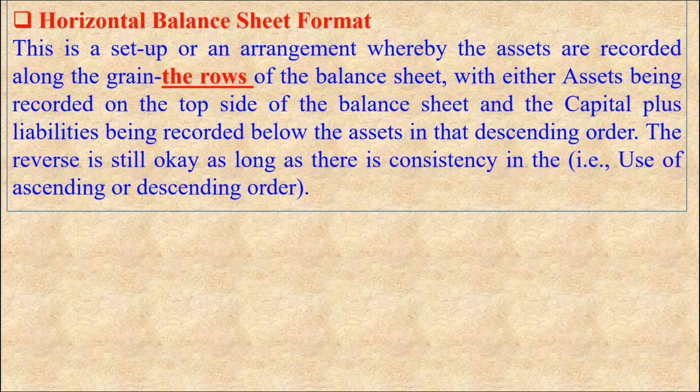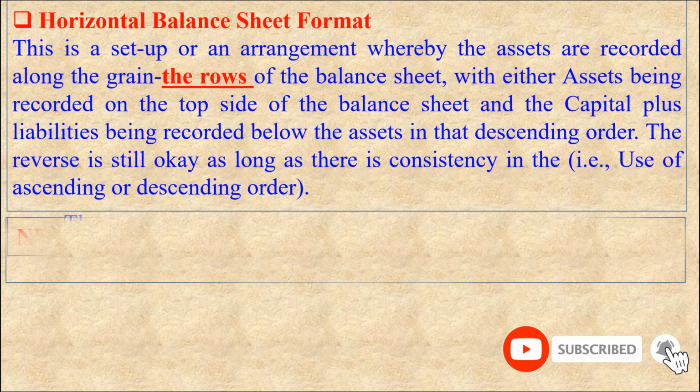So in this case, there is no law. One can either start with the assets, then capital and the liabilities below them, or start with capital and the liabilities, and then the assets follow immediately after.